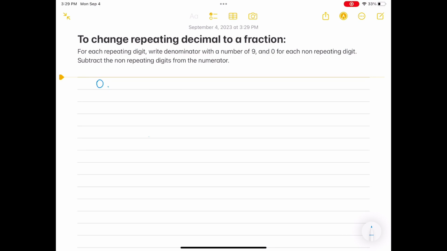For the repeating decimal 0.27, with the 27 repeating, we write the fraction as 27/99. So a 9 for each repeating digit. And then we simplify by prime factorizing both the numerator and the denominator.